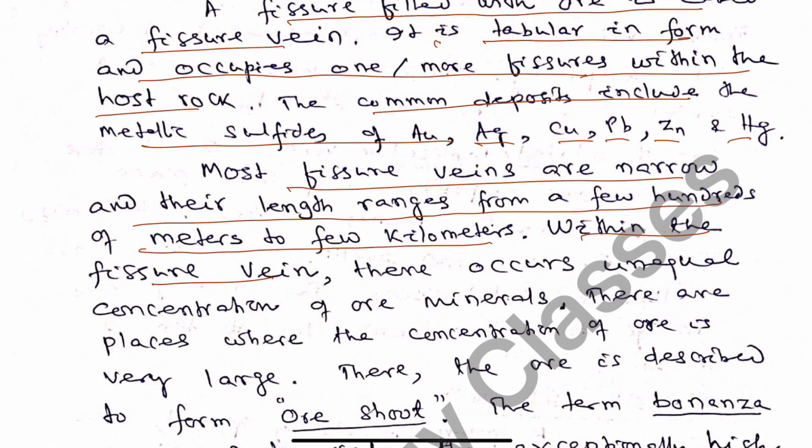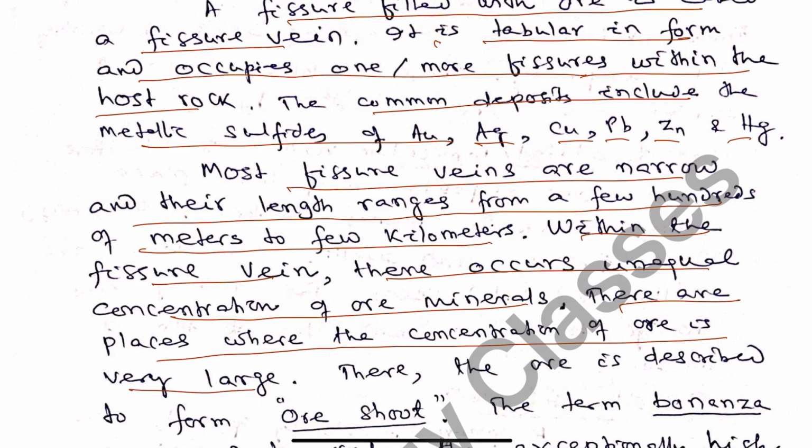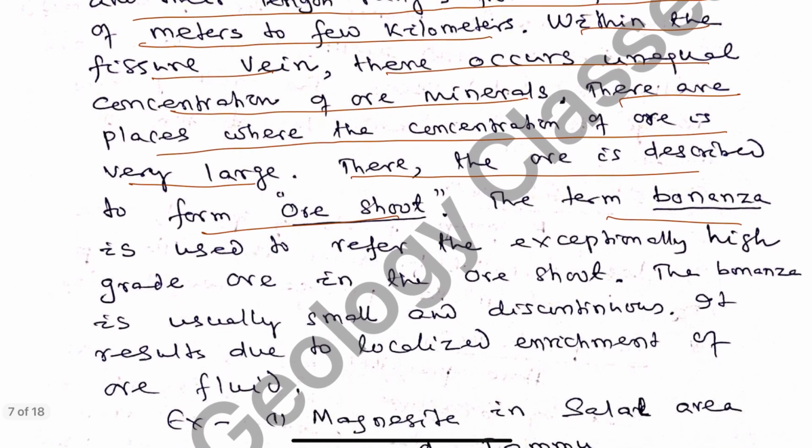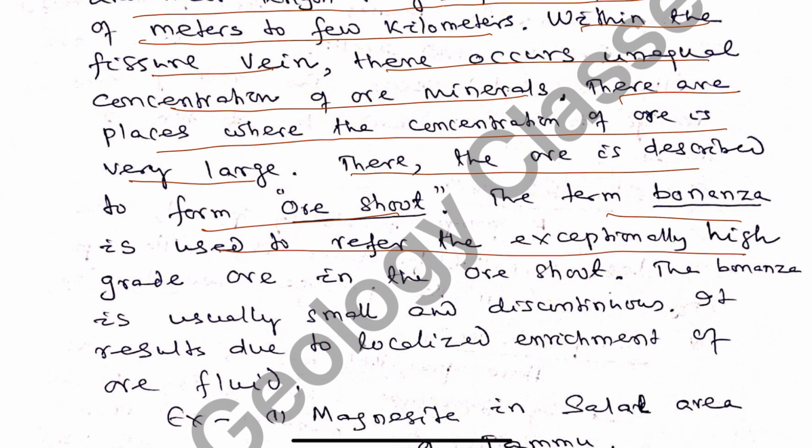Within the fissure vein, there occurs unequal concentration of ore minerals. There are places where the concentration of ore is very large. There, the ore is described as the ore shoot. The term bonanza is used to refer to the exceptionally high grade ore in the ore shoots.